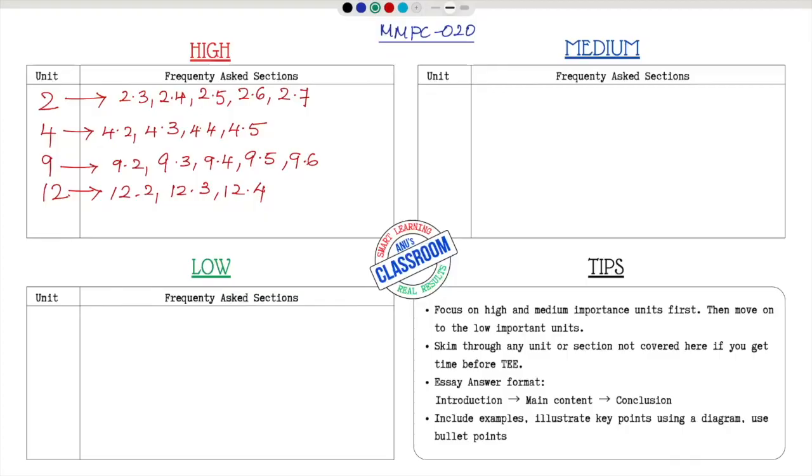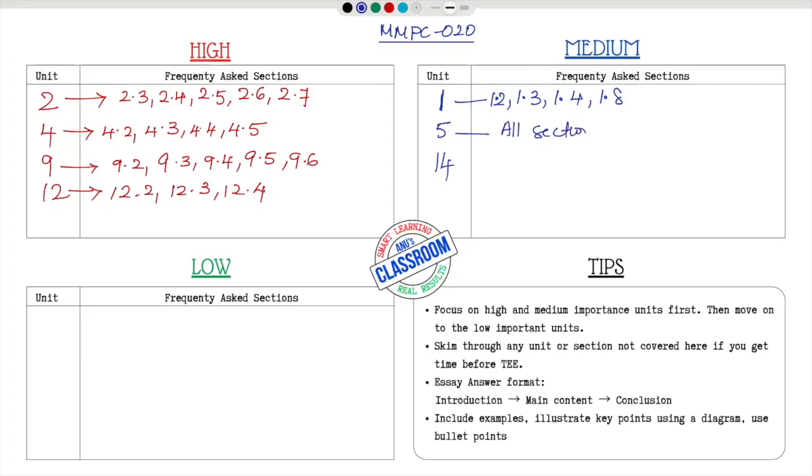Okay. Now coming to the medium importance units, these are Unit 1, Unit 5, and Unit 14, three medium importance units. Unit 1, focus on 1.2, 1.3, 1.4 and 1.8. From Unit 5, focus on all the sections.